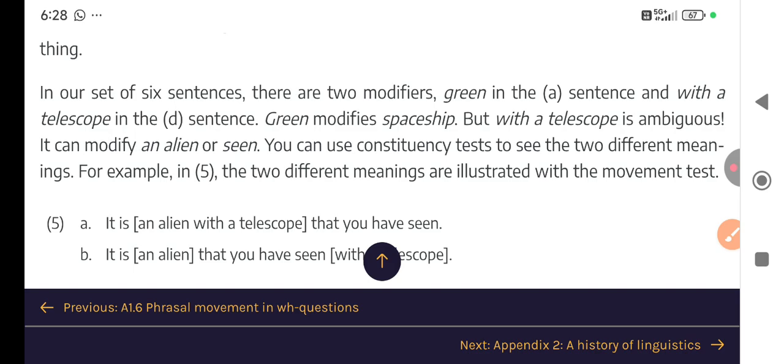Green modifies spaceship, but with a telescope is ambiguous. It can modify alien or seen. You can use constituency tests to see the two different meanings. For example, in sentence 5, the two different meanings are illustrated with the movement test.